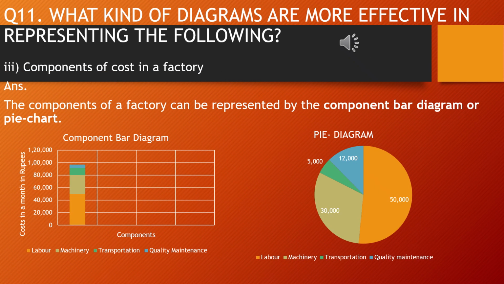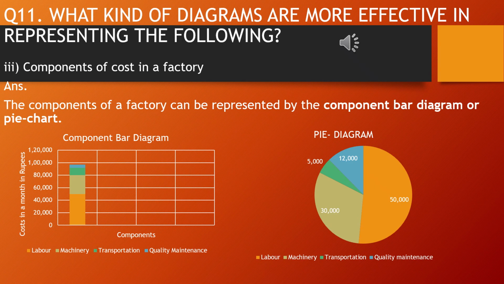Now we consider the third part of question number 11, which is components of cost in a factory. So the answer here will be: the components of factory cost can be represented by the component bar diagram or the pie chart. So in two ways we can represent the components of cost in a factory.